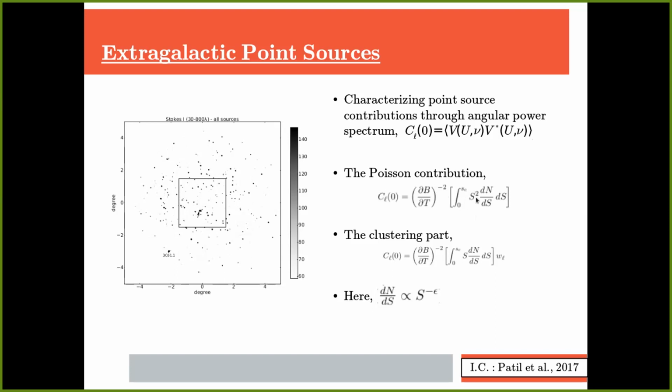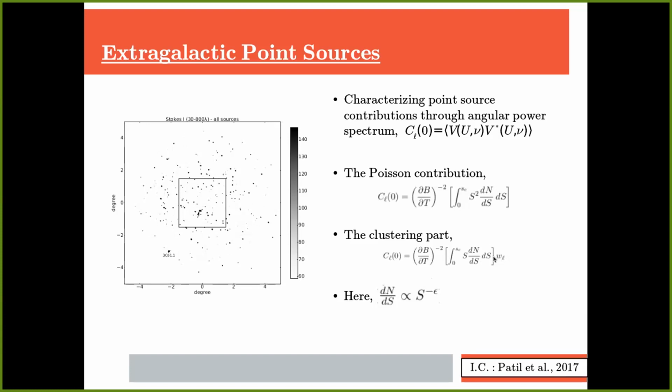And this S is the flux of the source, and dN/dS is the source count, the number of sources dN in the flux limit dS, which is characterized by this power law S to the power minus epsilon, where this epsilon is also dependent on the flux limit. And you can see that in the clustering part, we have this extra quantity W_L.